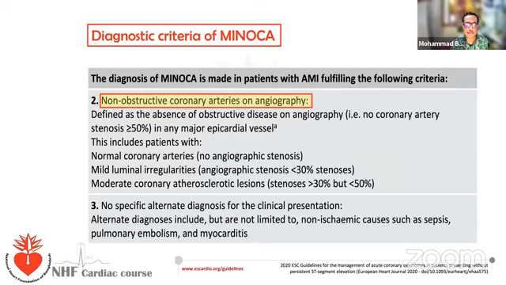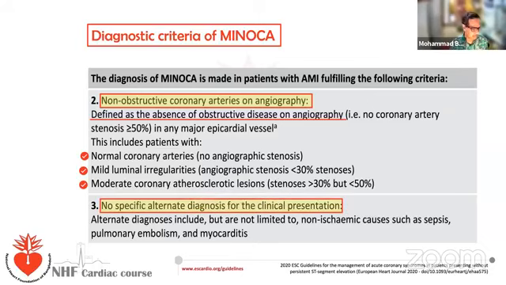What does it mean? There is no coronary artery stenosis of 50% or more in any major epicardial vessel, which includes normal arteries, mild luminal irregularities, or moderate stenosis of more than 30 but less than 50%. And number three, no specific alternate diagnosis is available. So all these three lead to the diagnosis of MINOCA.